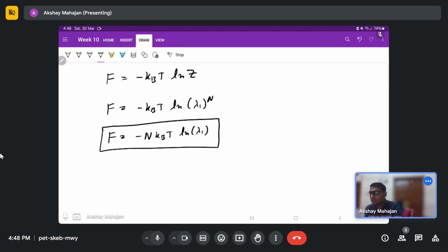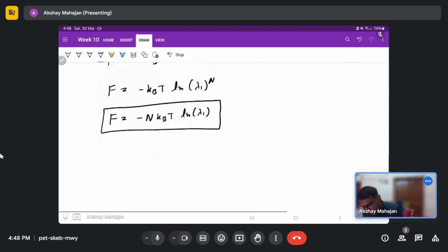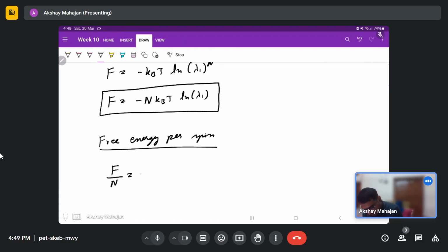Okay, so this is what we have to find, the free energy per spin. Sorry, we have to find it per spin, and the total number of spins is capital N. So the free energy per spin will be given by F divided by N. So it will be equal to minus kBT ln lambda 1.